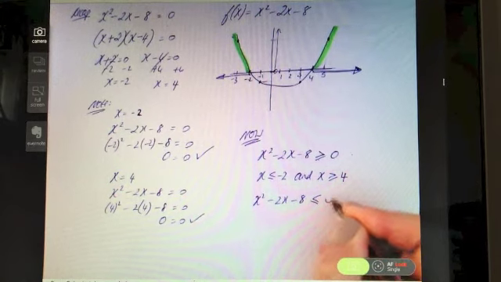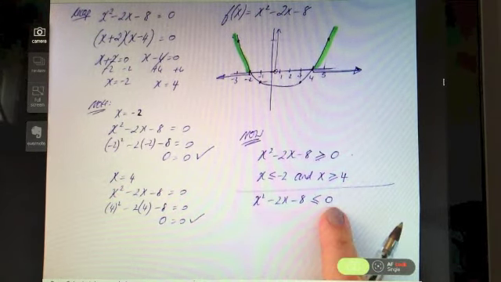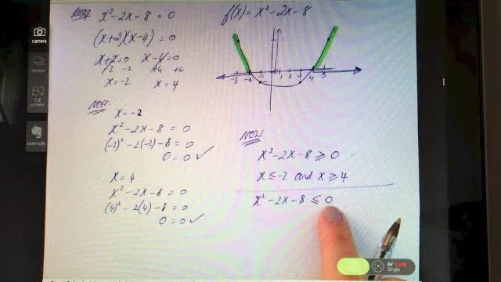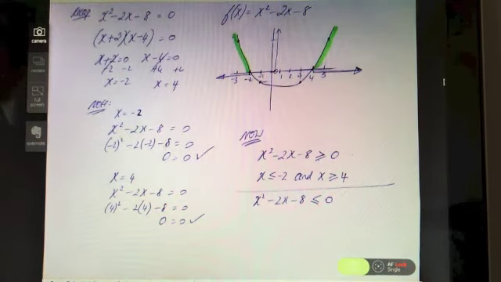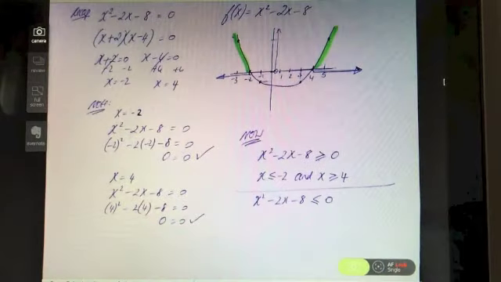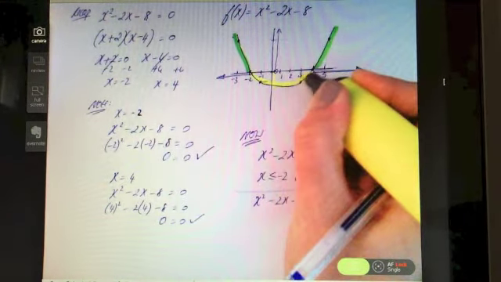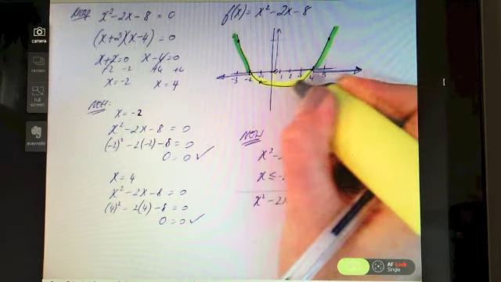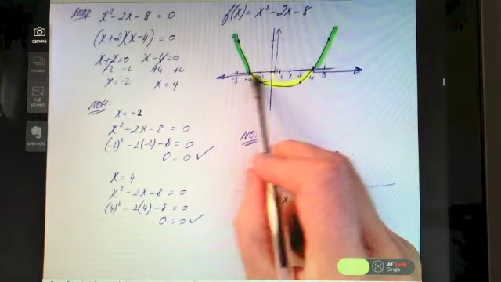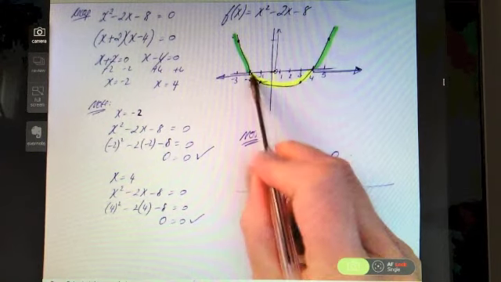If they had asked me to solve this, where x squared minus 2x minus 8 is less than or equal to 0, that is when I would have wanted the parts below 0. In other words, all of these parts of the curve here. But what are the x values that give this part of the curve?